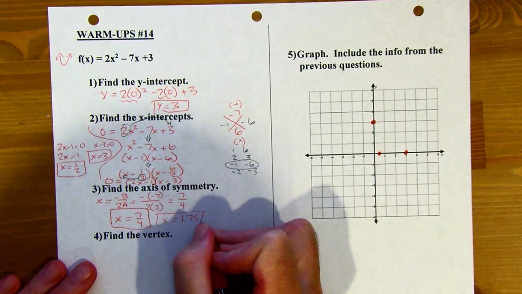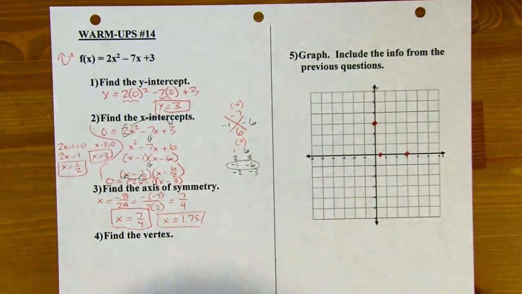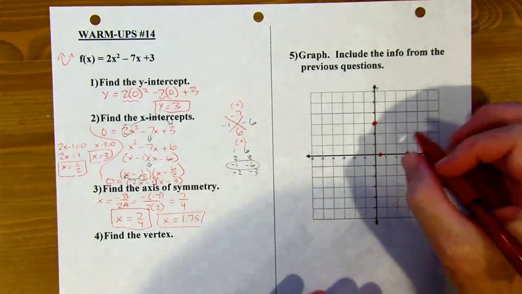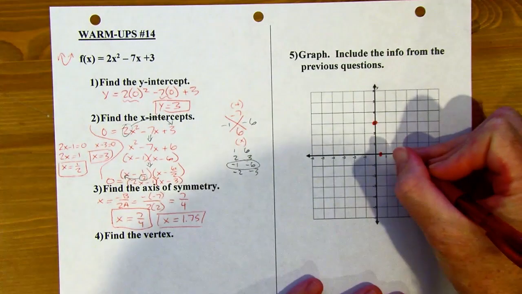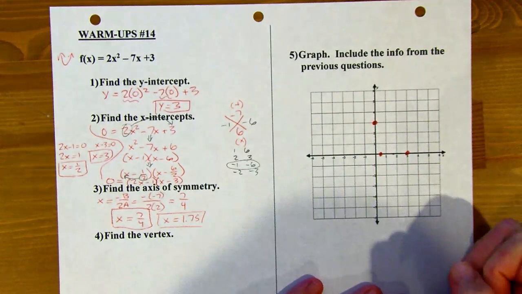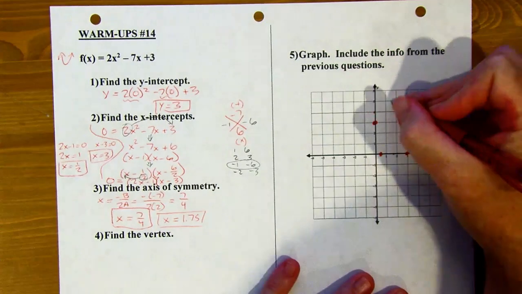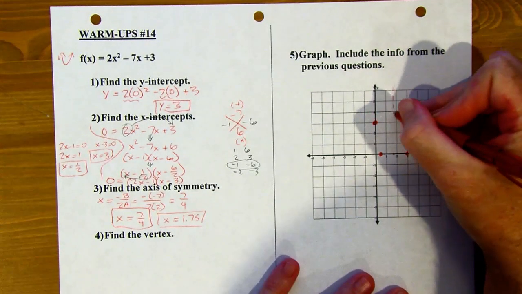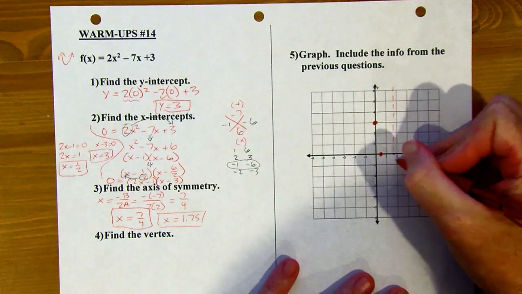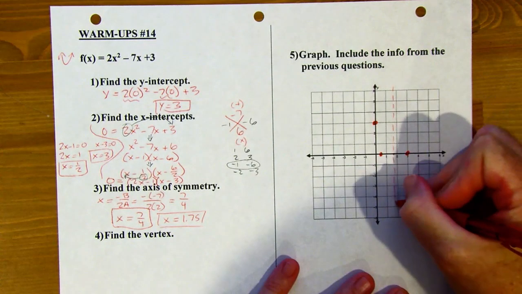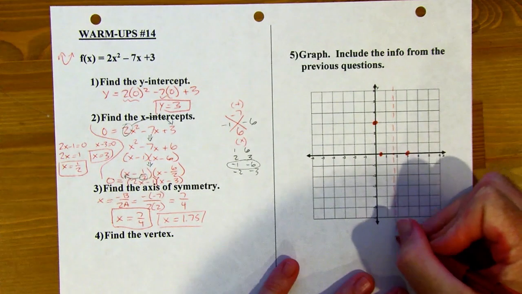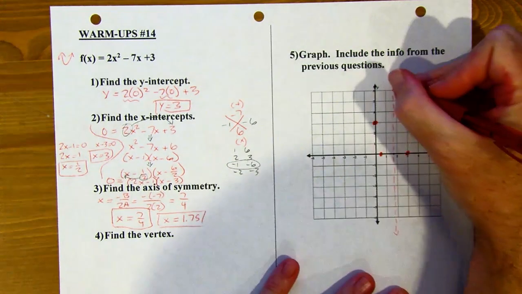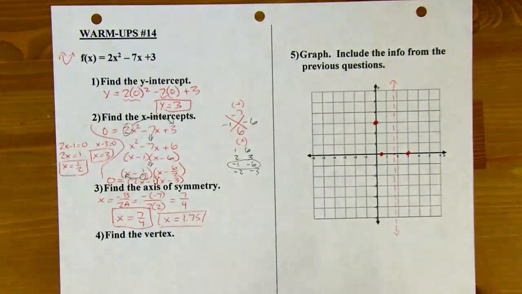So maybe I'll write it like that just to make it easier to visualize where it goes on the graph. 1.75 on the x-axis is somewhere right about there. I'm just eyeballing it. Then I'm going to draw a vertical line 1.75 units to the right of the y-axis. So there's my axis of symmetry.